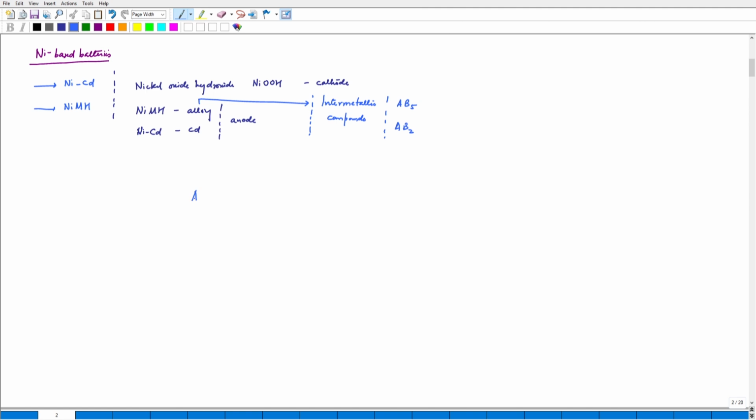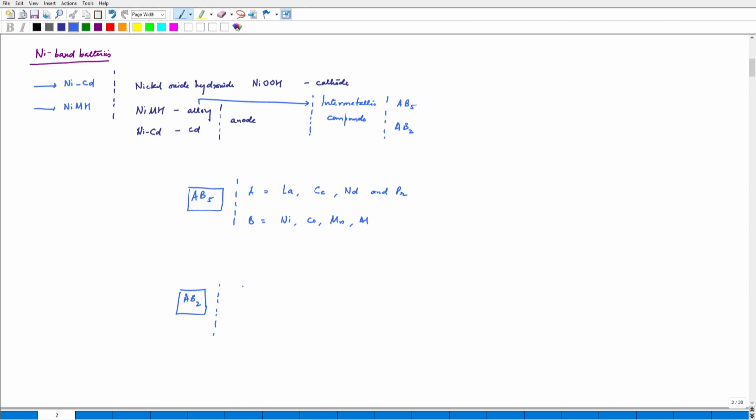So AB5 will have different A and B combinations. A is La, Ce, Nd and Pr, whereas B is basically Ni, Co, Mn, Al.